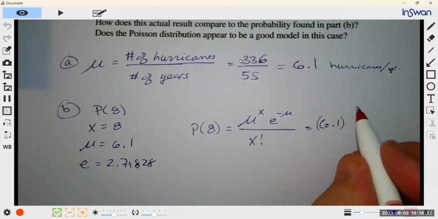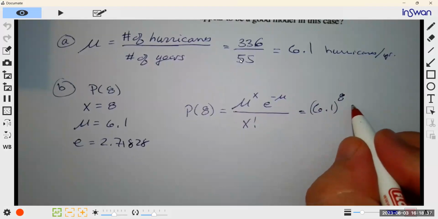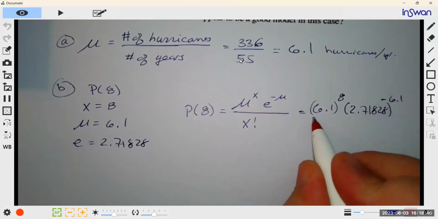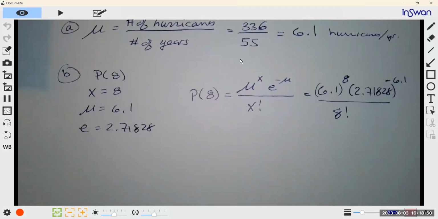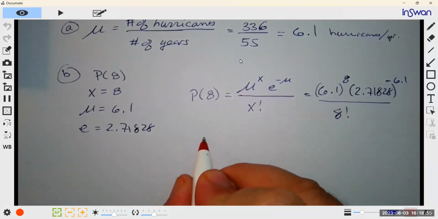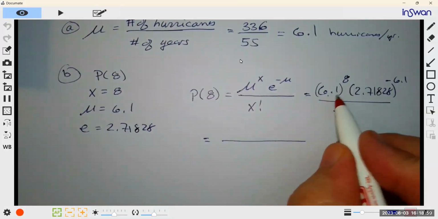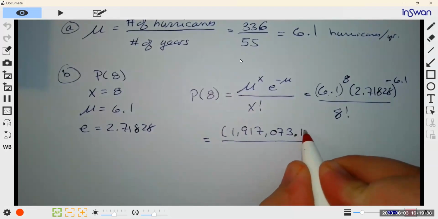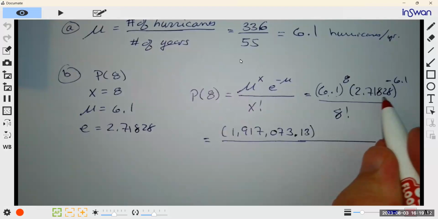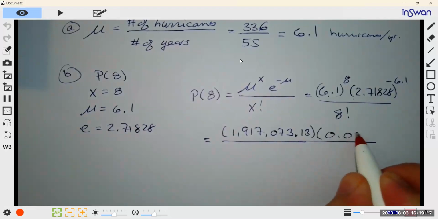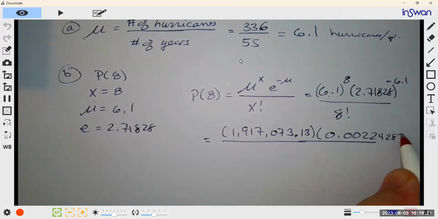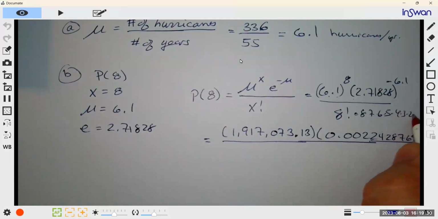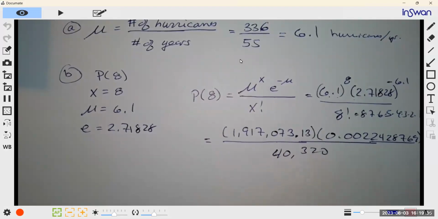So 6.1 to the power of 8, times 2.71828 to the power of negative 6.1, over 8 factorial. 6.1 to the power 8 is about 0.13, rounded to 2 decimal places, times 2.71828 to the power negative 6.1. 8 factorial is 8 times 7 times 6 times 5 times 4 times 3 times 2 times 1, which is 40,320.